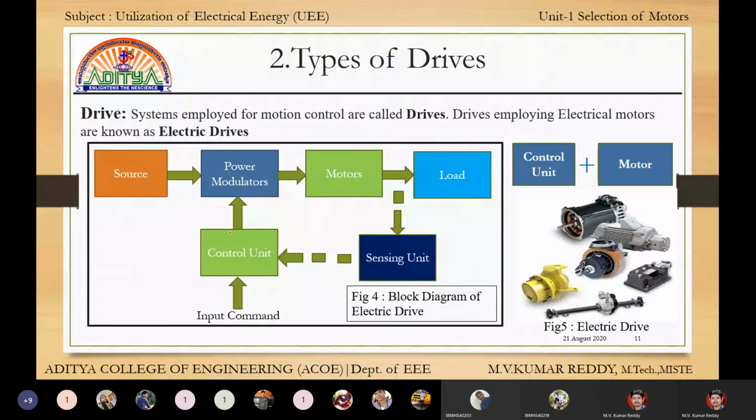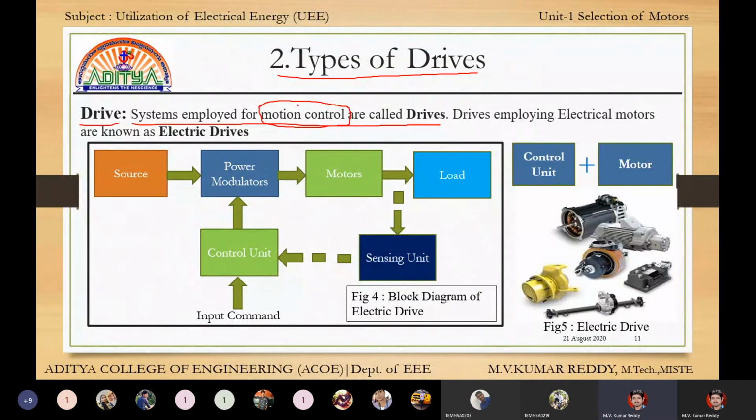Next, types of drives. Now, what is a drive? A drive is a system employed for motion control. That means if a system has motion control, then it is called a drive.